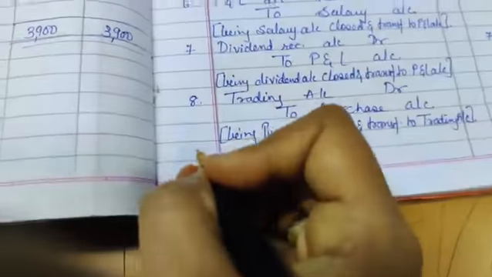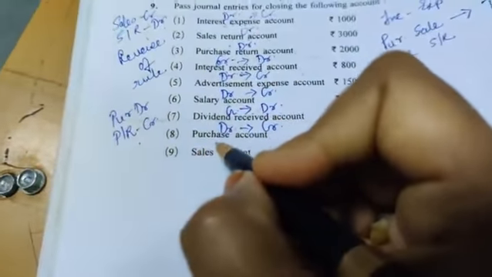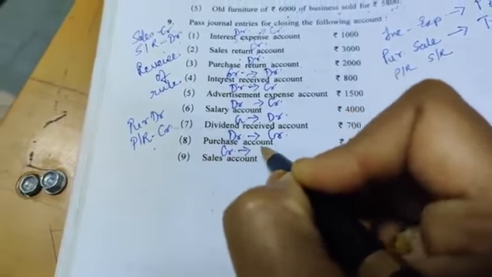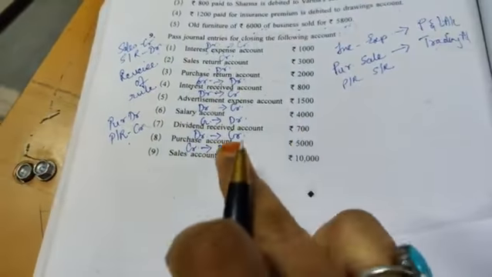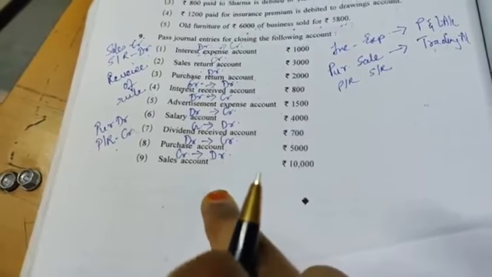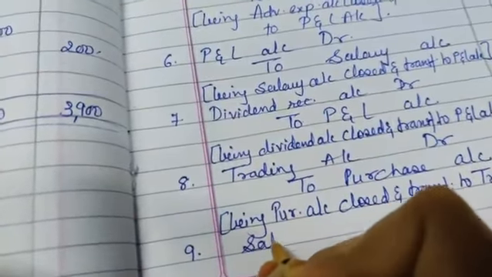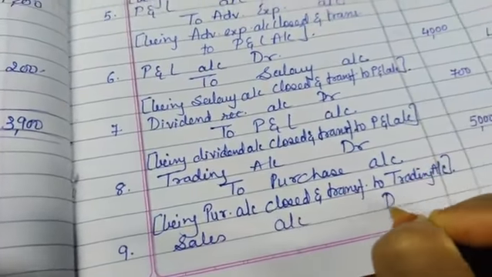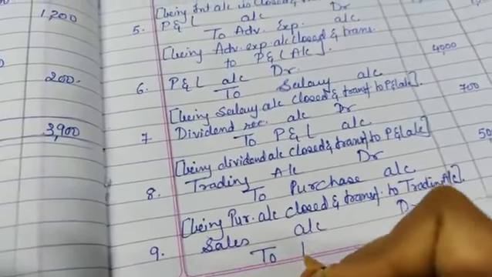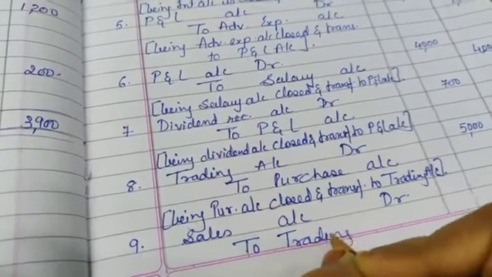Fine. Now see the next one, ninth. Sales. See, sales is always credited, the reverse of this will be debited. Fine. So sales account debited and sales is transferred to trading account. So sales account debited to trading account.